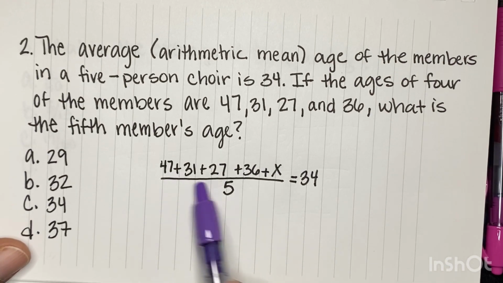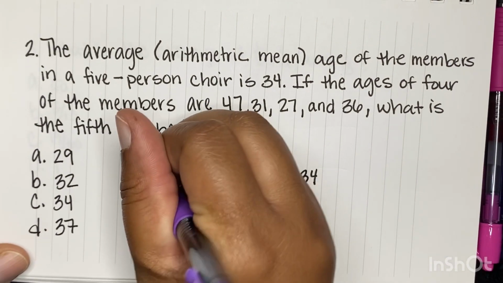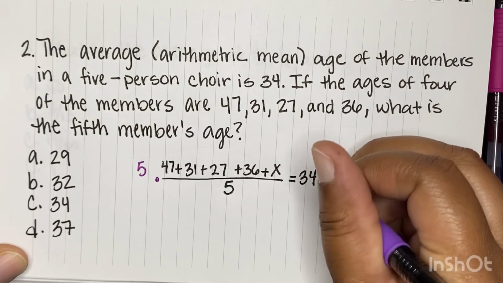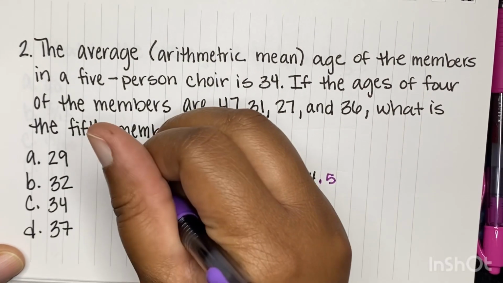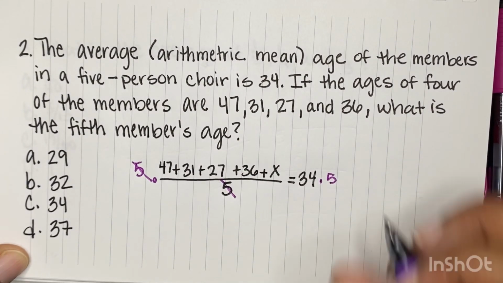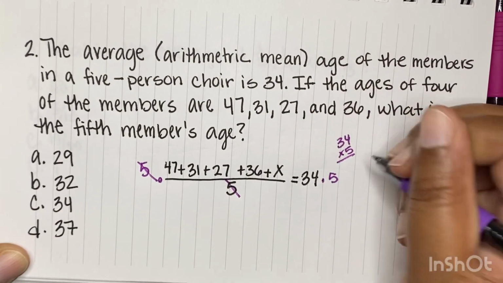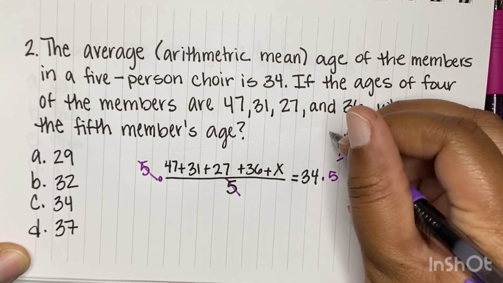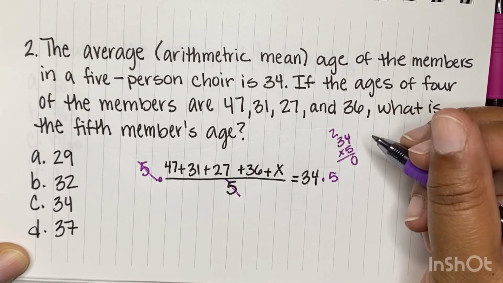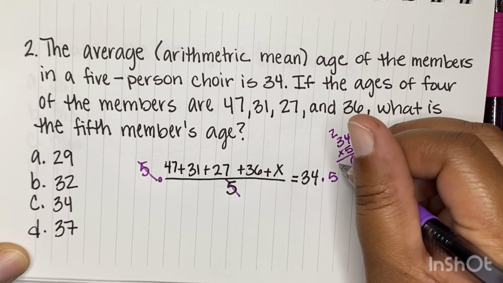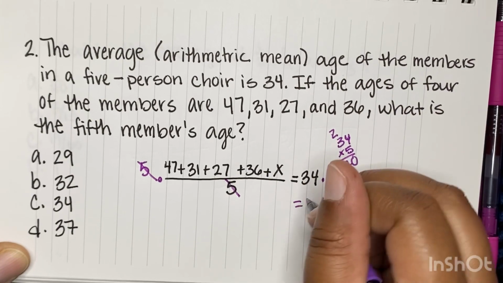Remember, the opposite of division is multiplication. So we're going to multiply both sides by 5 to get rid of that division. So 34 times 5. Let's do it. 5 times 4 is 20. Carry the 2. And then 5 times 3 is 15, plus 2 is 17. So we get 170 here.